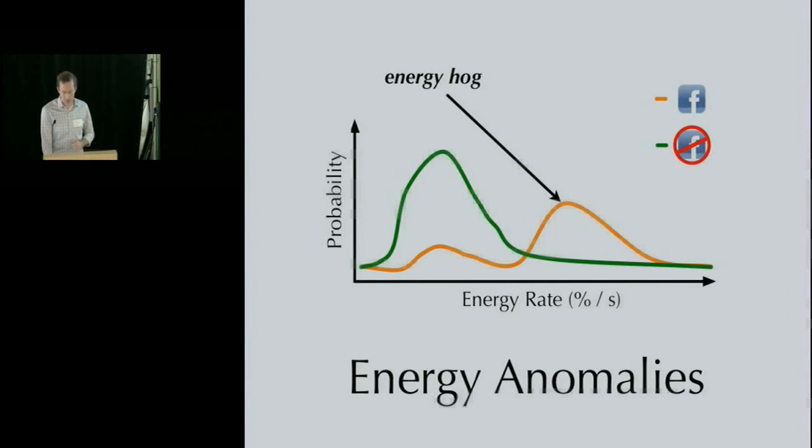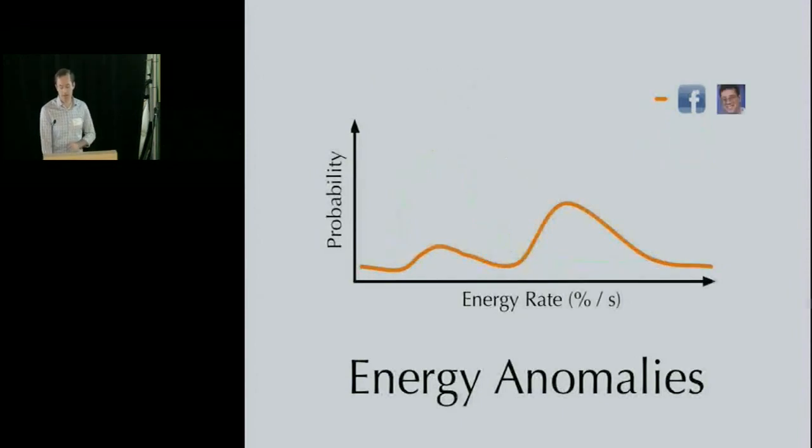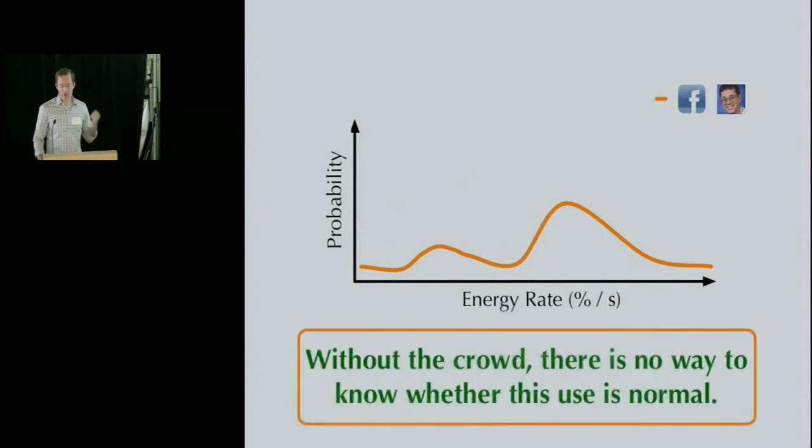Okay, so this is a pretty straightforward characterization. This is just one pair of types of distributions that we compare. Another thing we might be interested in is Facebook running on a particular device. So let's say we're looking at Facebook running on Jan's phone. Now, if we only had one device, there's no way for us to characterize whether or not this distribution that we see is normal. So this is a critical difference between Carat and other approaches.